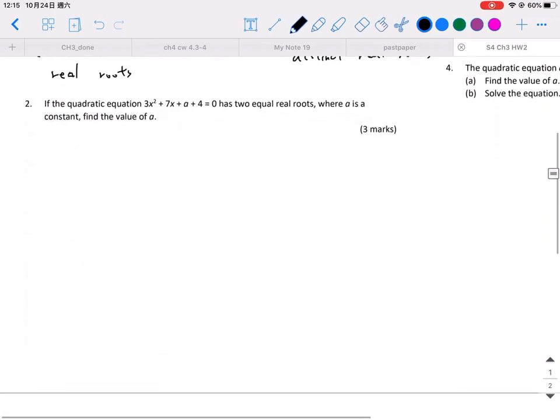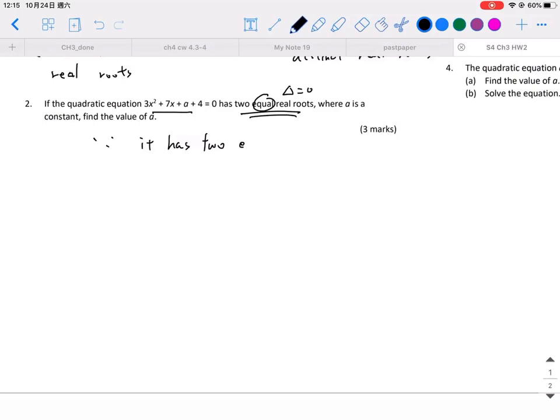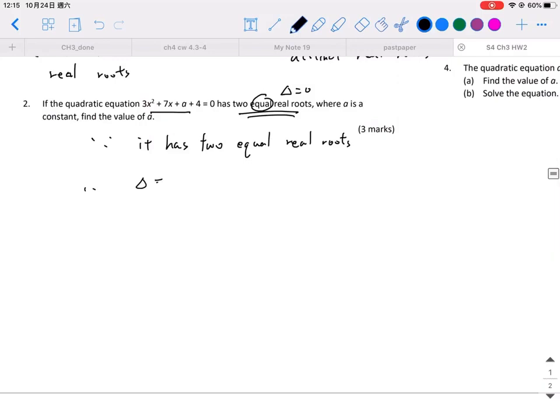And for second one, if the quadratic equation has 2 equal real roots, so equal, that means the delta is equal to 0. Okay, we need to write down a statement because it has 2 equal real roots. So the discriminant equal to 0, and in this time A is 3 and B is 7 and C is A plus 4.